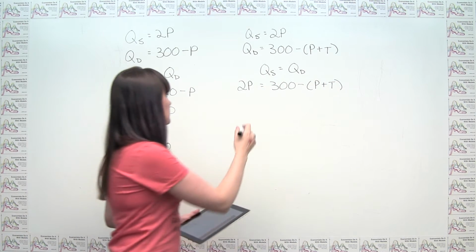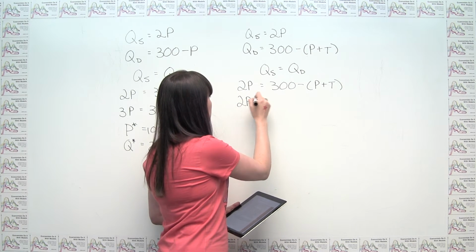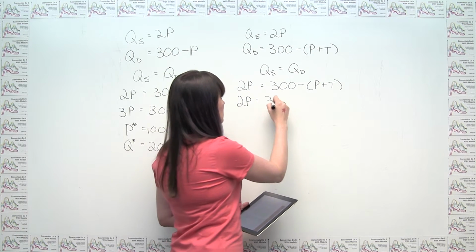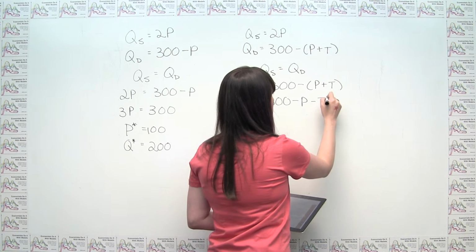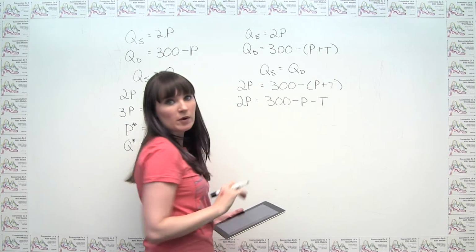We can distribute this negative, just do a little bit of arithmetic: 2P equals 300 minus P minus T. Don't forget to distribute that properly.